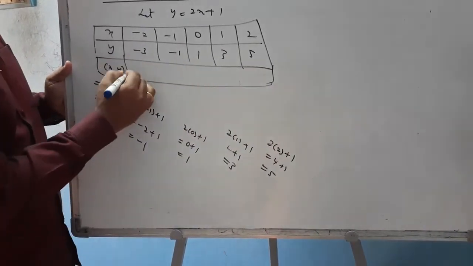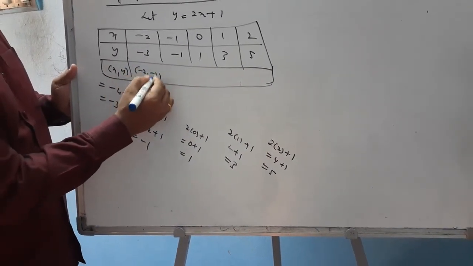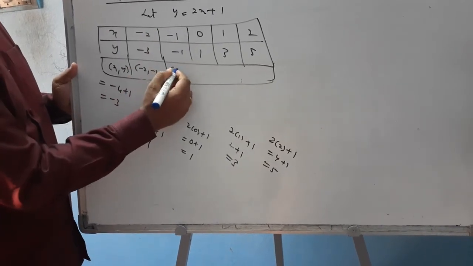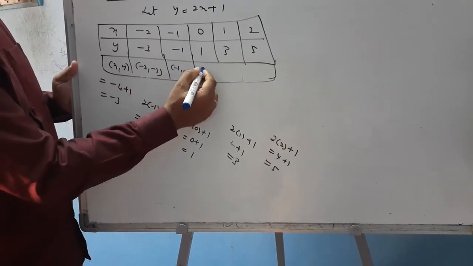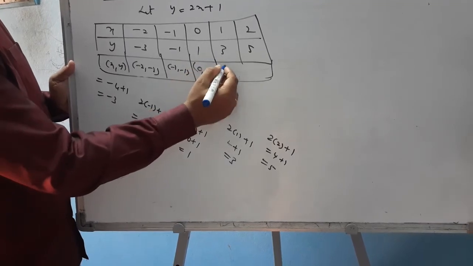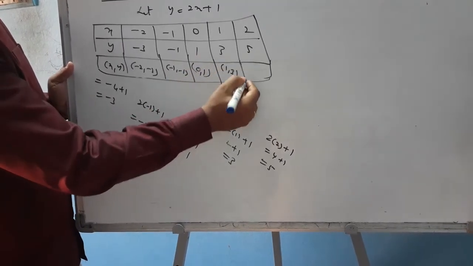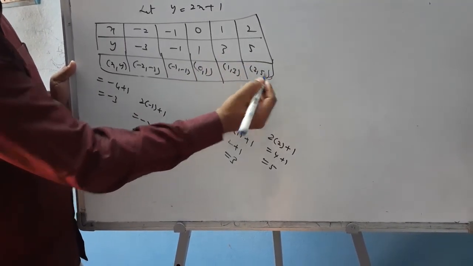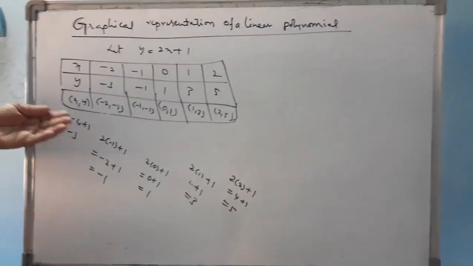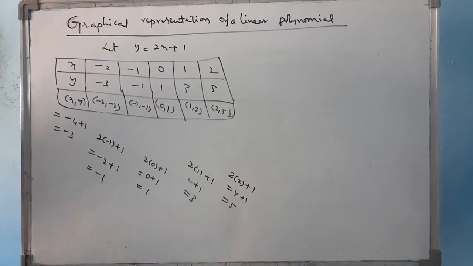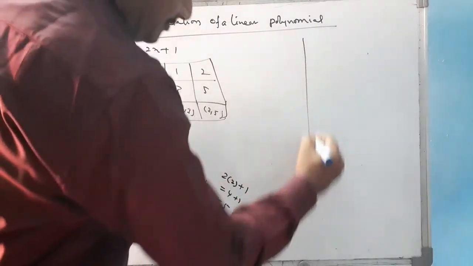So x comma y become minus 2 comma minus 3, here minus 1 comma minus 1, here 0 comma 1, here 1 comma 3, here 2 comma 5. Now we have to plot these values on the graph paper. So now I am taking the graph paper.